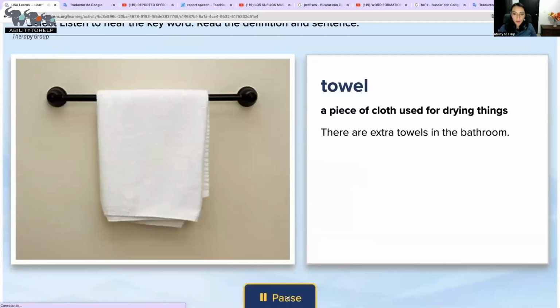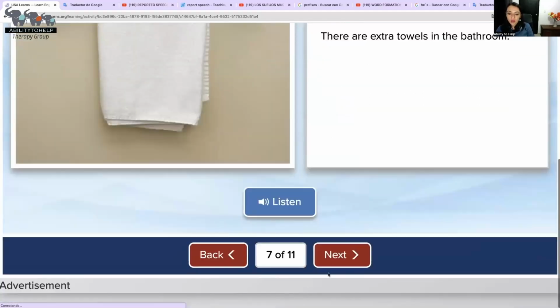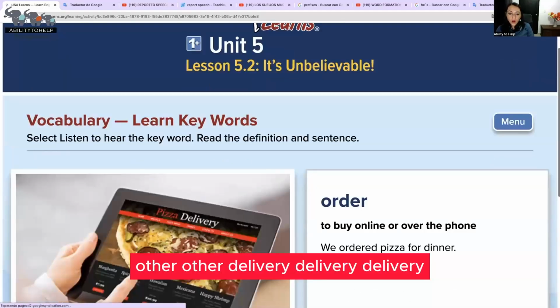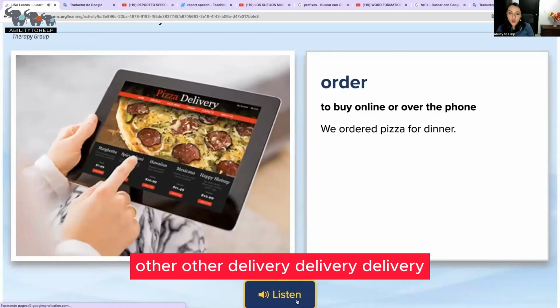Towel, a piece of cloth used for drying things. There are extra towels in the room. Towel. Order, to buy online or over the phone.